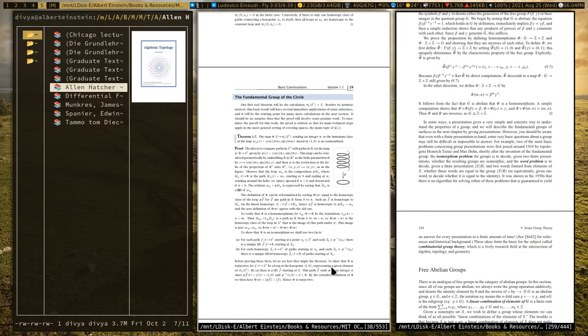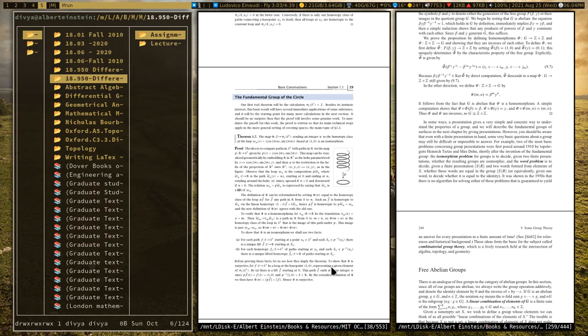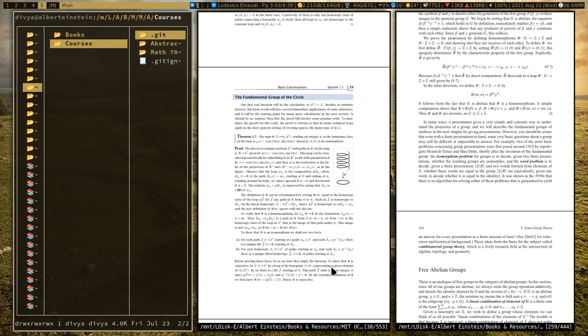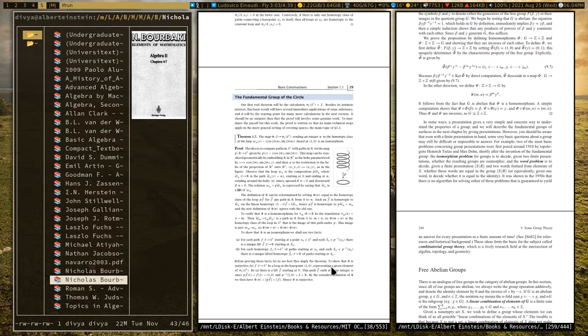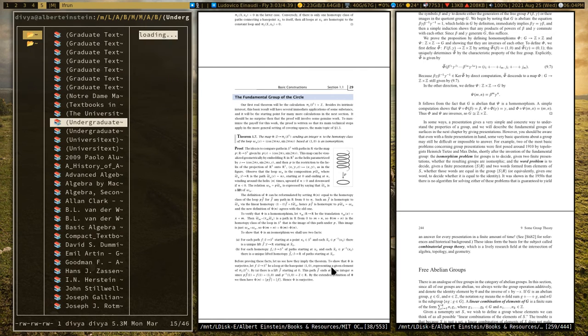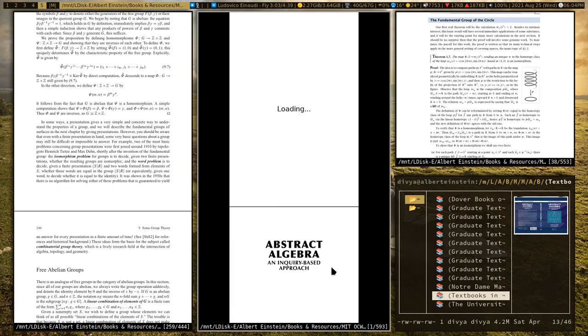One thing is these semi-direct products, which is basically figuring out how one subgroup acts on another by conjugation.